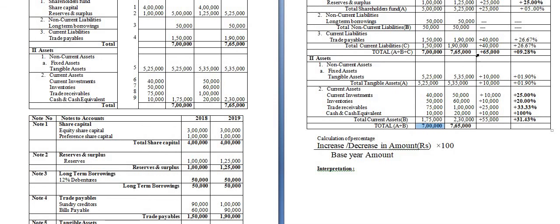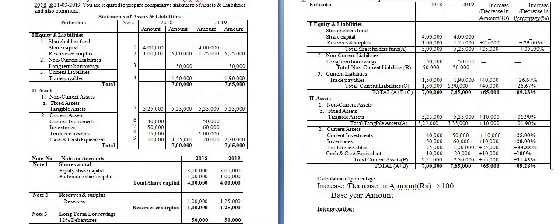How much is the increase in the amount? 7,65,000 minus 7 lakh is equal to 65,000, and the percentage, 65,000 divided by 7 lakh into 100, is equal to 9.28%. Okay, I hope you understood this calculation.